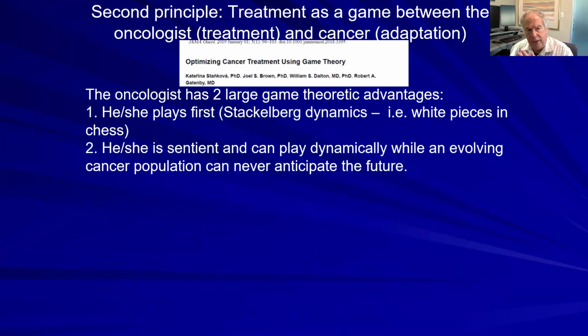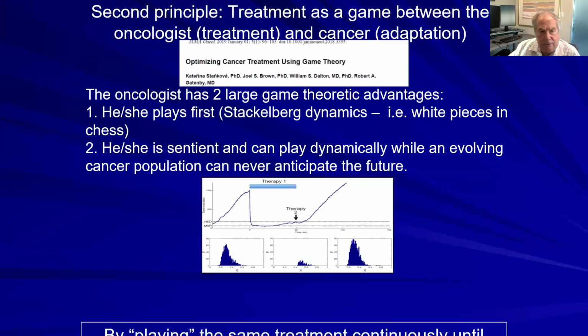And the second thing is that the oncologist is sentient and can play dynamically, can anticipate the future, and can alter the way therapy is administered in a way that takes into account the evolving cancer population. The cancer population, in contrast, like any evolving population, can only adapt to the here and now. It can never anticipate the future, and so that is a fundamental advantage.